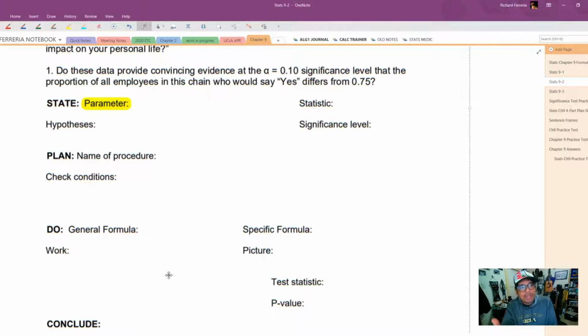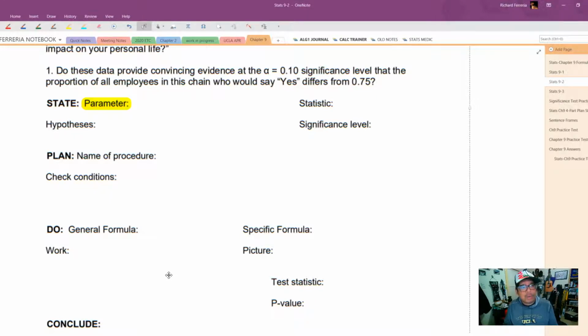To test whether all employees would say yes, we're going to check and see if, based on sampling variability, 0.75 is not an option, or is an option. Where does 0.75 lie because of sampling variability?